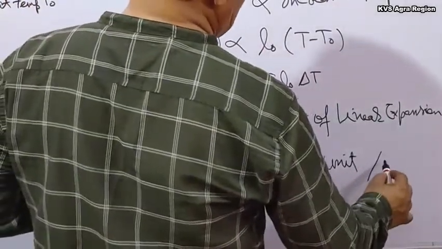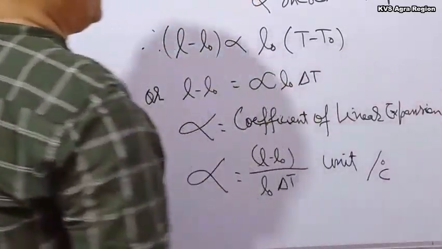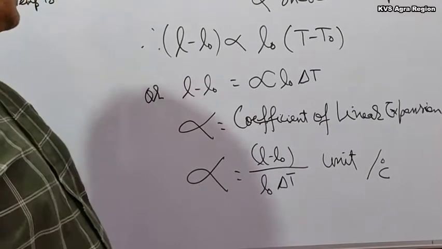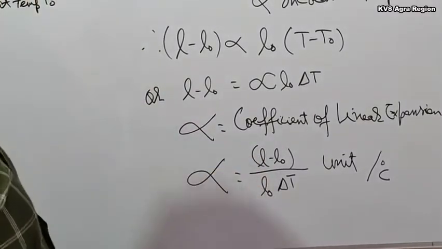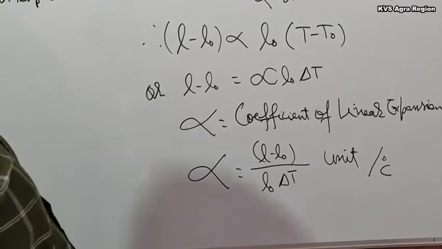So here we will have per degree Celsius or per Kelvin. So the unit of alpha is per degree Celsius.